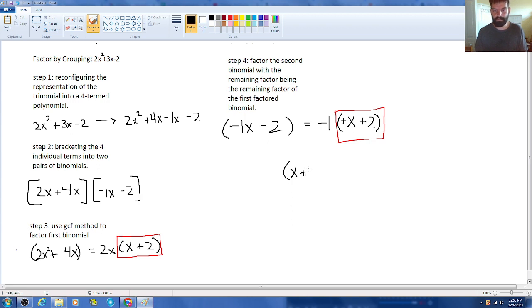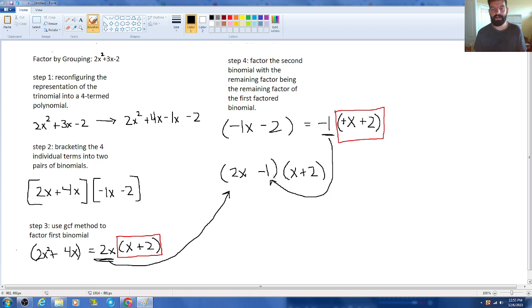So we're going to have x plus 2, which is the common factor, and then the other one is going to be the greatest common factor of the first binomial, and then the greatest common factor of the second binomial. So your factored form of 2x squared plus 3x minus 2 is going to be 2x minus 1 times x plus 2.